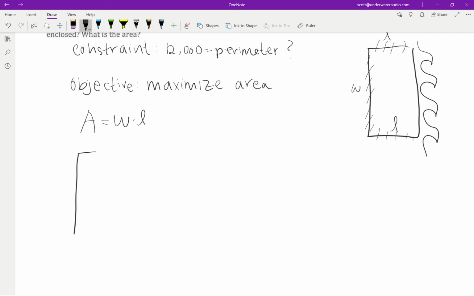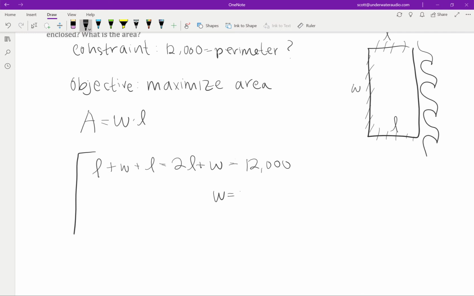So the perimeter, I only have 12,000 feet of fencing. So that would be L plus W plus L again, or 2L plus W. And so that's the length of fence I need, and I know that's 12,000. So I will get W by itself and then plug it into my area equation.